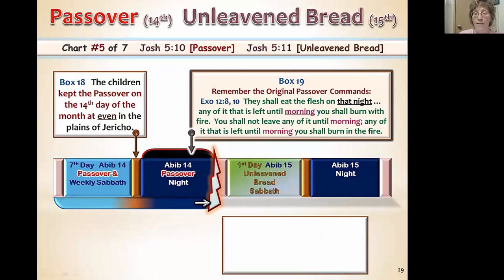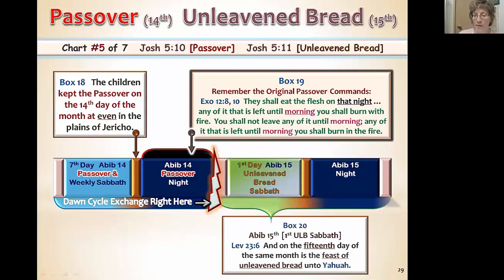You shall not leave any of it, this is the Passover lamb, until the morning. And any of it that is left until the morning, you need to burn with fire. So morning is in there quite a few times. And remember that the dawn cycle exchange is right here, right at the break of day, the first light in the sky.